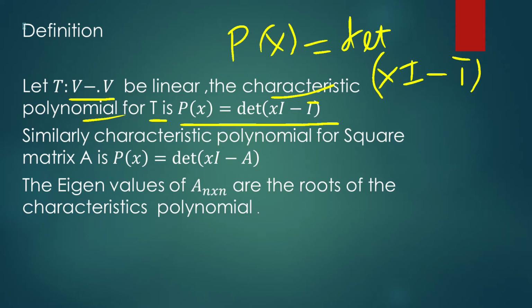Similarly, if you are talking about a matrix, and of course this matrix should be a square matrix, then its characteristic polynomial will be given by p(x) being equal to the determinant of xI minus A, where A is the square matrix. So the eigenvalues of this n by n square matrix are the roots of the characteristic polynomial.